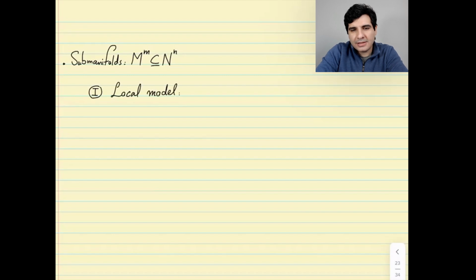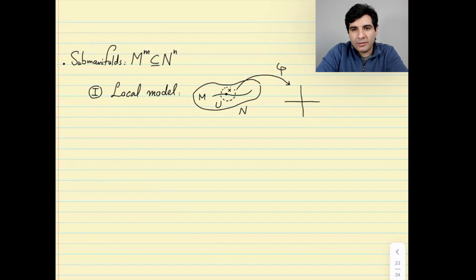So let's say this larger manifold is N, and then inside N we have M, another smooth manifold. We say it's a submanifold if for every point x in M, there is a small open neighborhood U inside N, and a diffeomorphism phi that maps U to an open subset of R^n, or to all of R^n, with this extra property that if you restrict phi to the intersection of U and M, phi of U intersection M becomes R^m sitting inside R^n.